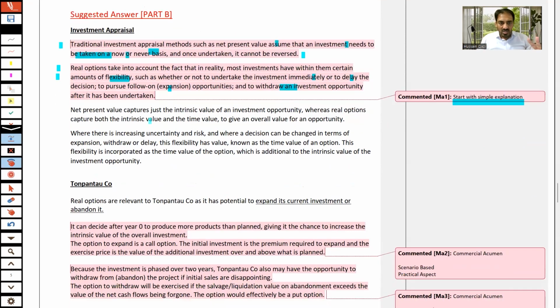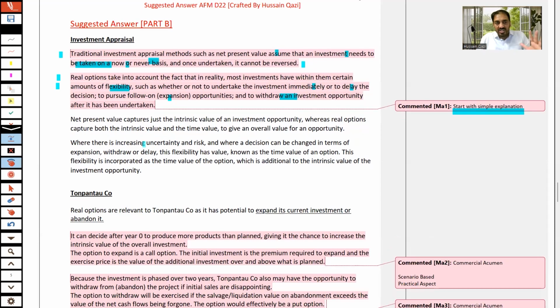Now you have to add more points here. Once you have covered traditional and real, add more about the flexibility, how real options incorporate the flexibility, of course with the time value aspects, the mathematics, the time value. NPV captures just the intrinsic value of the investment opportunity, whereas real options capture both the intrinsic and time value, and this time value incorporates the flexibility.